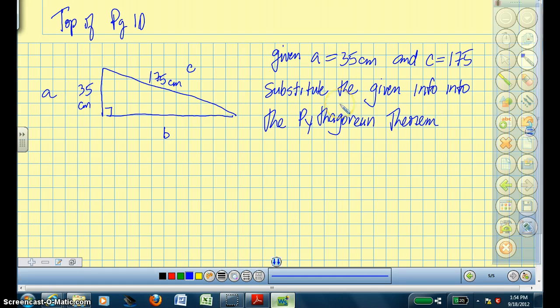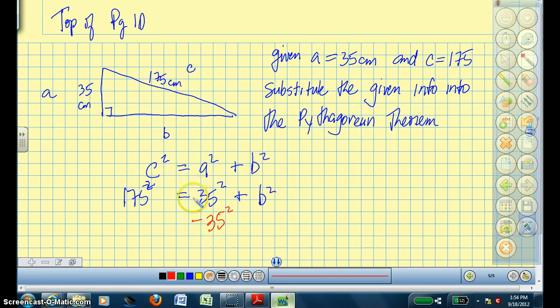Now, you want to substitute this information into the Pythagorean theorem. Again, I'll rewrite the theorem. C squared equals A squared plus B squared. Now this time 175 squared is equal to 35 squared plus B squared is what I want to find. Okay, I want to get rid of this 35 squared. So what I'm going to do to both sides is subtract 35 squared.